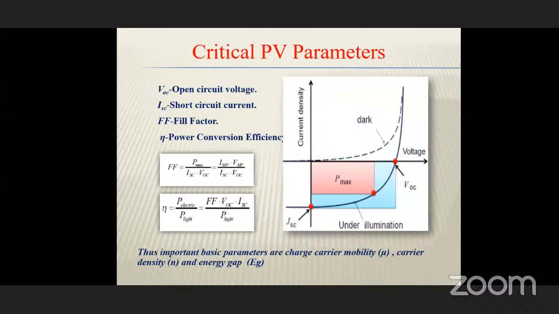Critically, a solar cell is characterized by its power conversion efficiency, which depends upon the fill factor. The fill factor is determined by charge carriers reaching the electrodes when the built-in potential is lower, towards the open circuit voltage, that is VOC.